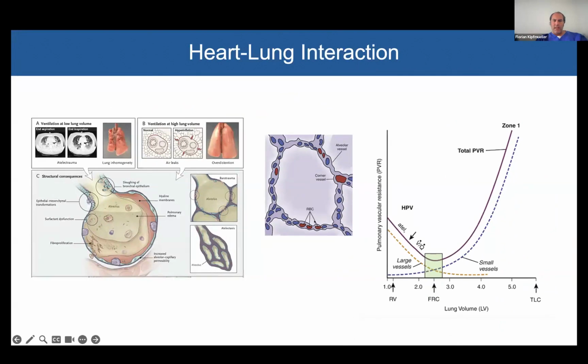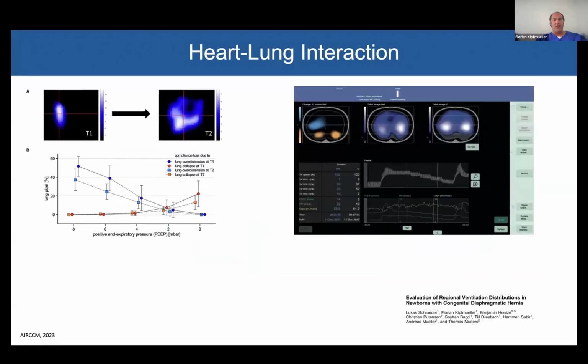Here you can see a slice of the alveolus and how the vessels are surrounding the alveolus, and with increased intrathoracic pressures, we can see an overdistension, which may lead to compression of all these vessels and reduced capillary blood flow, which might be a problem, especially in kids with pulmonary hypertension.